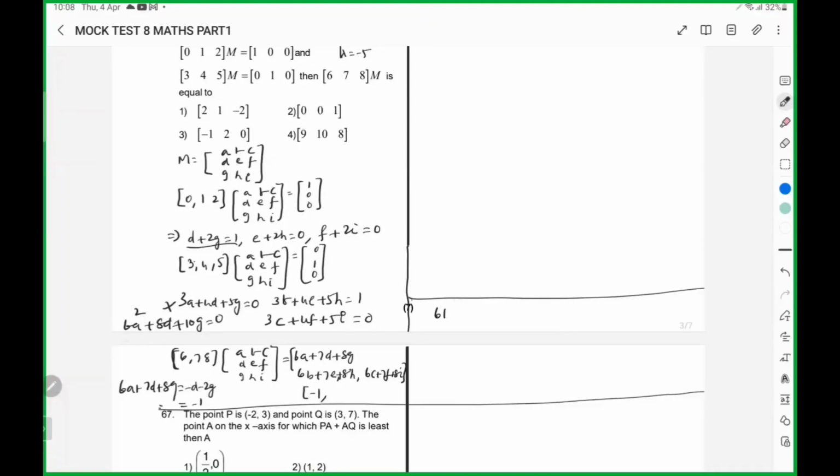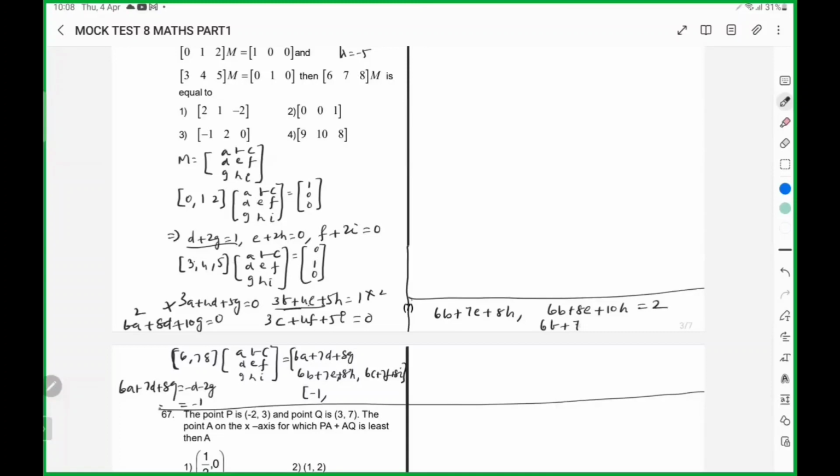Again, 6B plus 7E plus 8H: multiply by 2, 6B plus 8E plus 10H is 2.